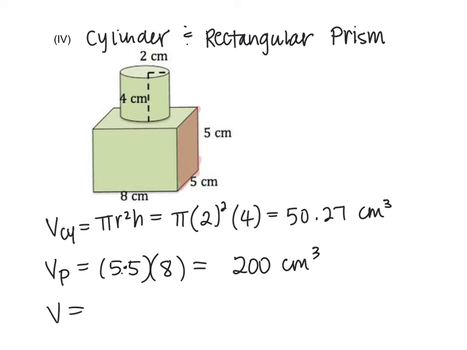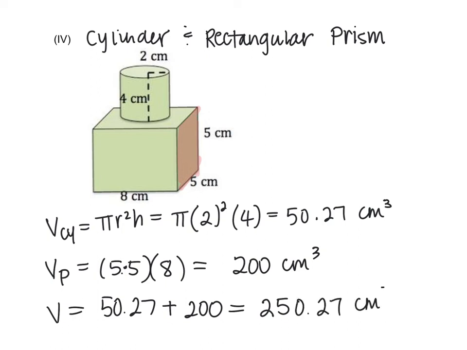So that means our entire volume is 50.27 plus 200, which is 250.27 centimeters cubed.